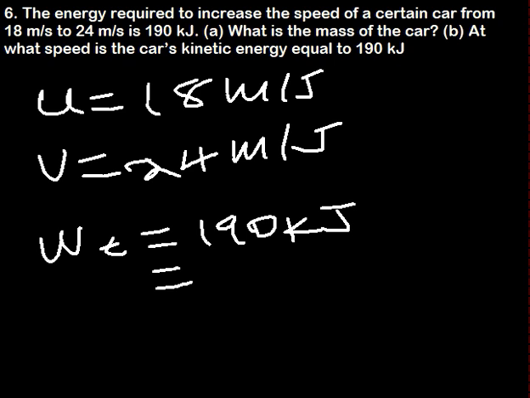And question B says, at what speed is the car's kinetic energy equal to 190 kilojoules? What does it mean here? In this case, we just have to simply use the kinetic energy formula.